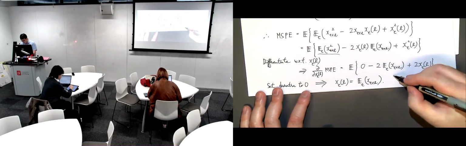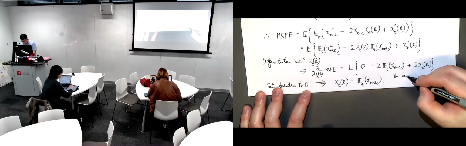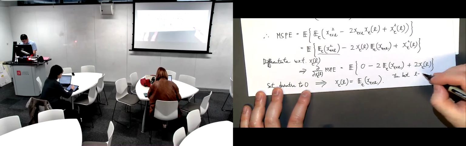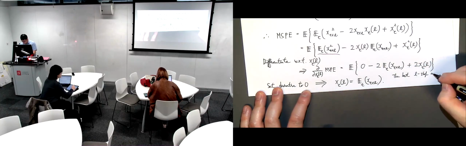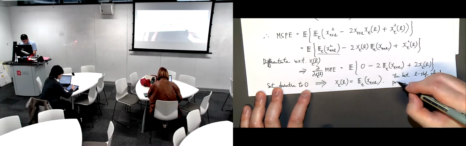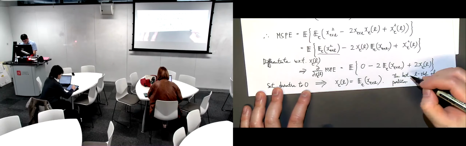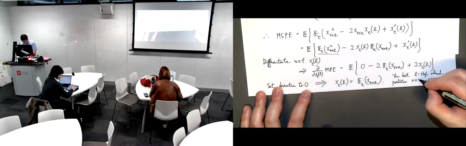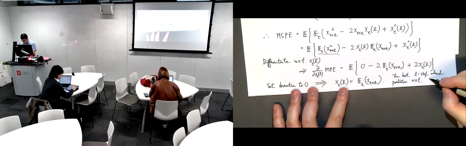So this will be the best L step ahead predictor. And when we say best or worst, it's always with respect to a certain measure. The measure is MSPE.